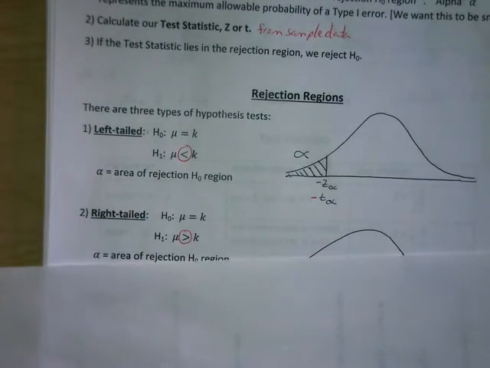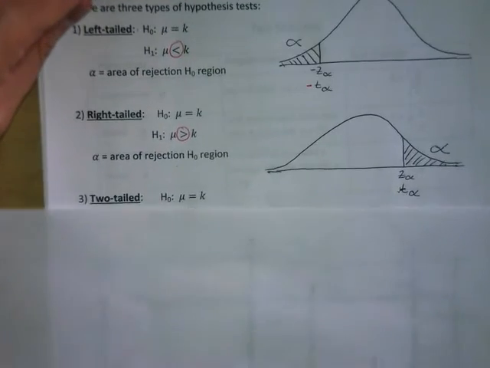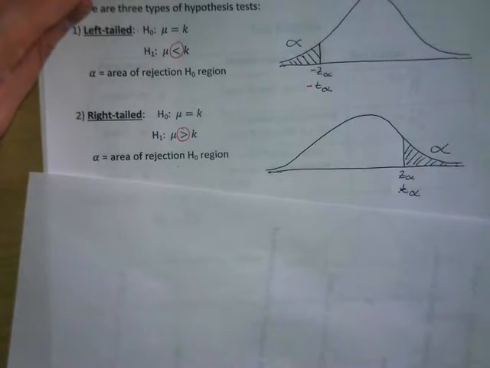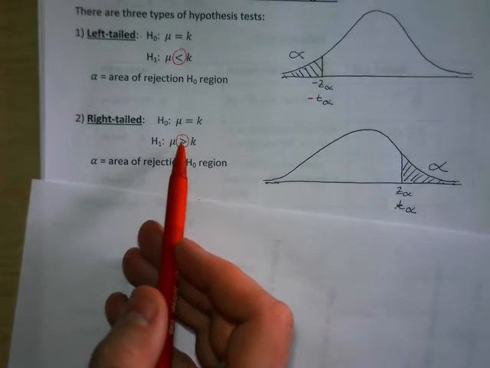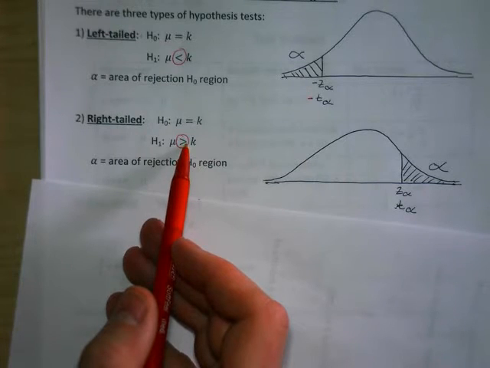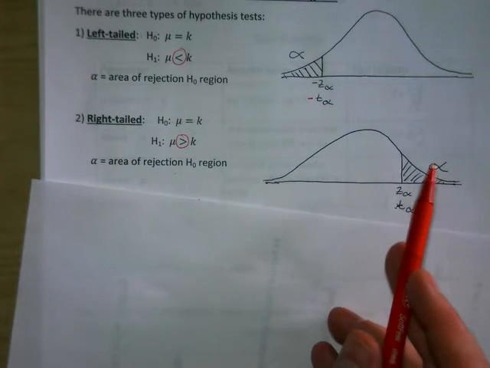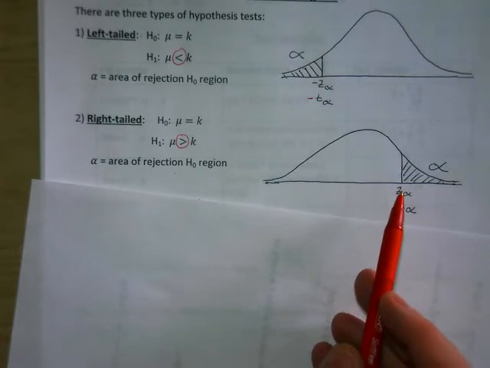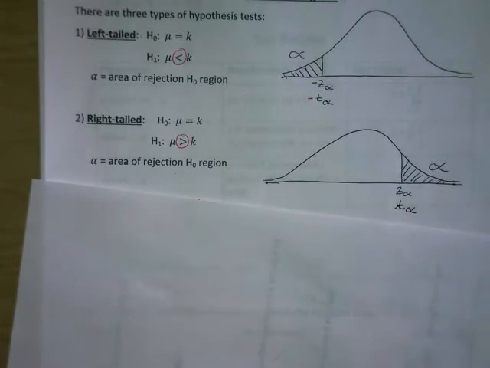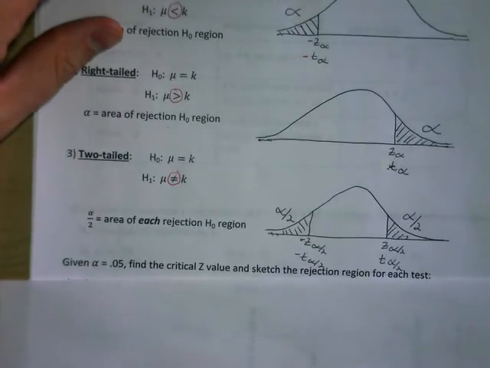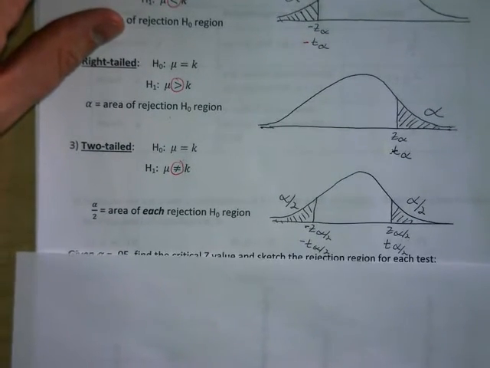And then we have a right tail test, which is really just the opposite. A right tail test, we recognize that by the greater than in the alternative hypothesis. And that means that alpha is the area to the right of a z sub alpha or t sub alpha value. And then we can have a two-tail test, which means we're shading both directions.